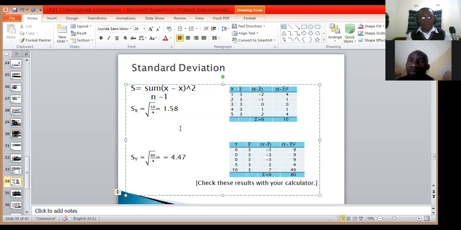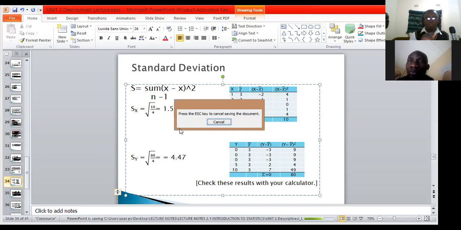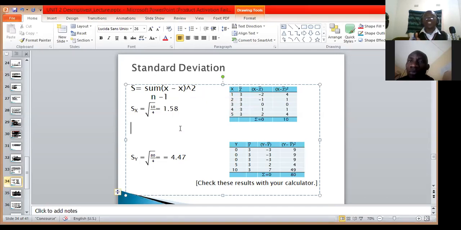Now, what we are calculating is the standard deviation of a sample, not the standard deviation of a population. Since this is a sample, we are going to reduce the degrees of freedom by 1, because this is not a population.